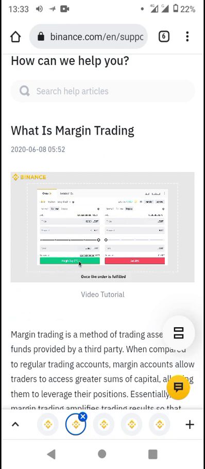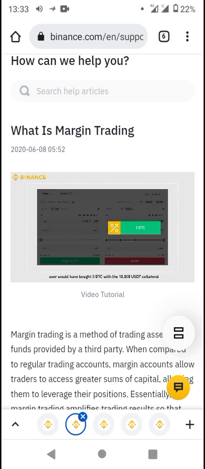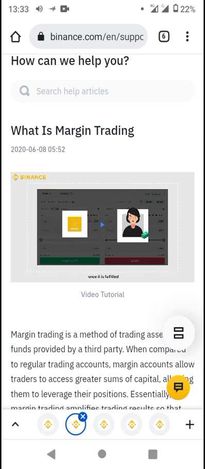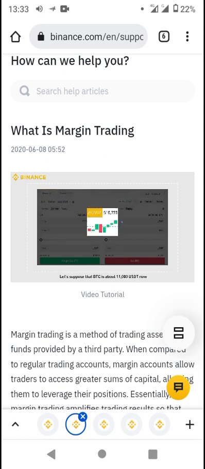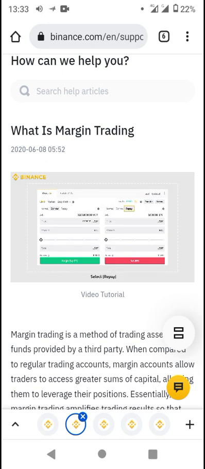Once the order is fulfilled, the user would have bought 3 BTC with the 10,000 USDT collateral and borrowed 20,000 USDT automatically. Step 4. Auto repay trade. Place an order. Once it is fulfilled, repay the borrowed amount automatically. Let's suppose that BTC is about 11,000 USDT now. Select Repay. Insert price 11,000.